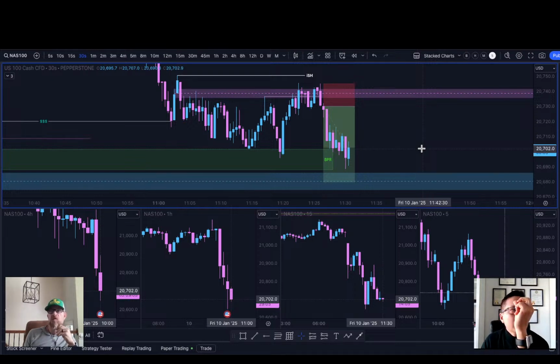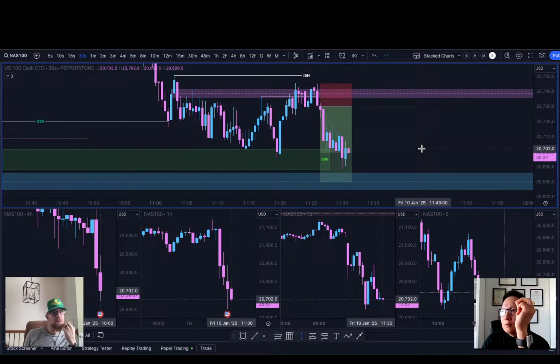Yeah, so it sweeps. Still hasn't come into our demand zone though. It's just in some gap.